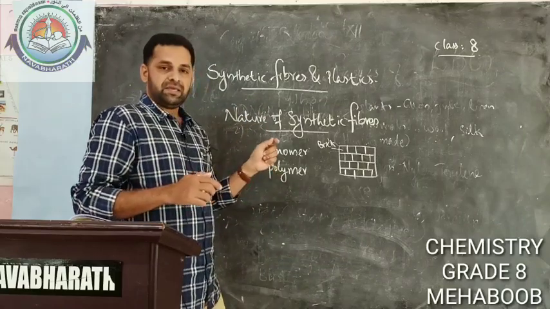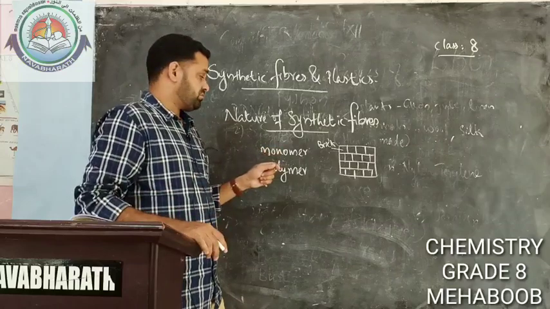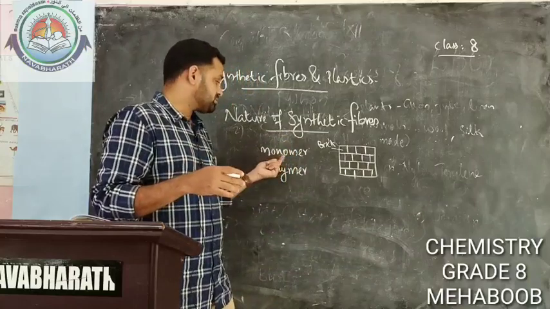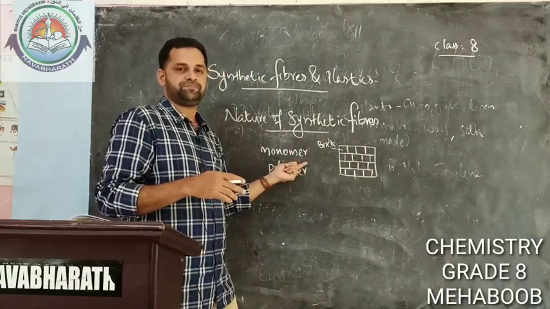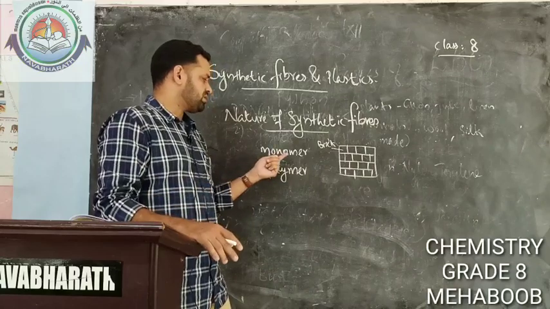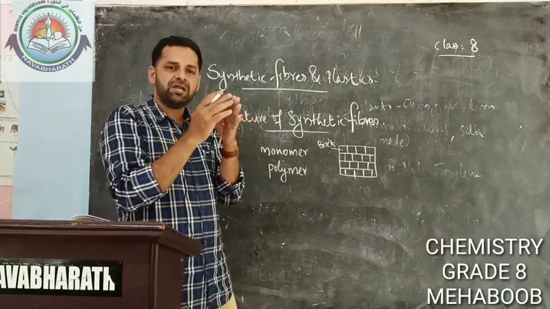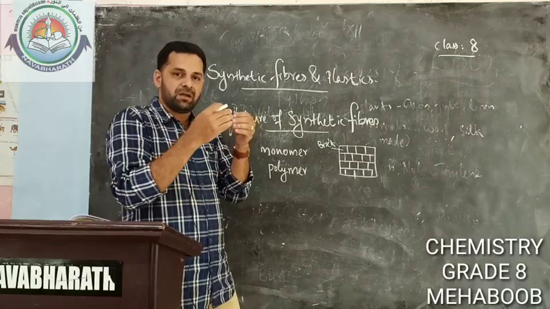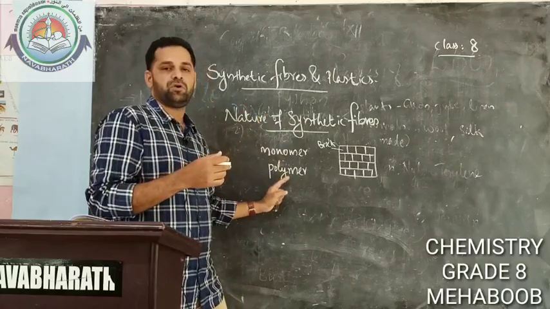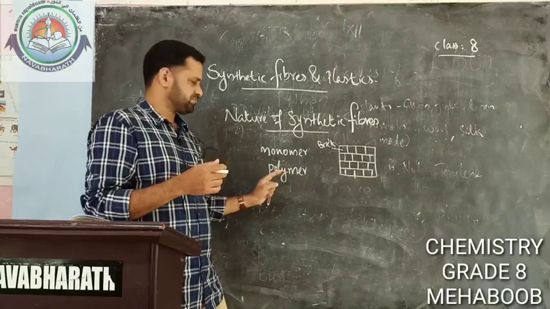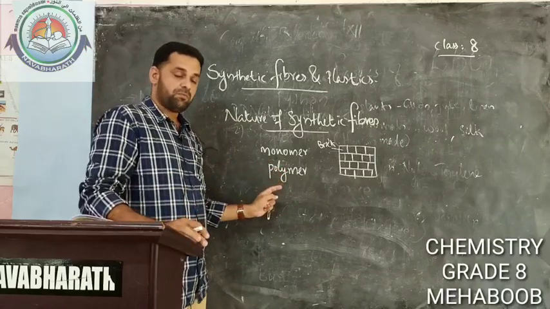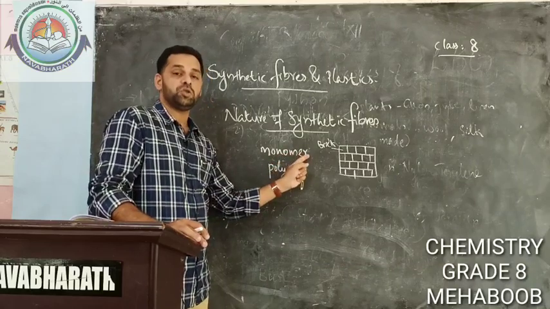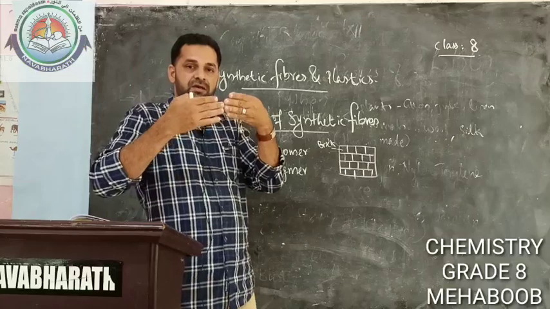A polymer is a large unit formed by the combination of a large number of smaller units, that is monomers. Large numbers of monomers combined together end to end by chemical bonds form a polymer. Do you understand?